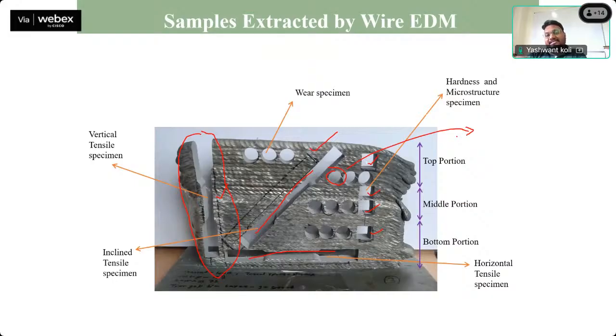So we can get the exact values of tensile strength, hardness, wear and corrosion values. But if we go for CNC milling and grinding operations, that can cause some compressive residual stresses and also tensile residual stresses, we don't know.